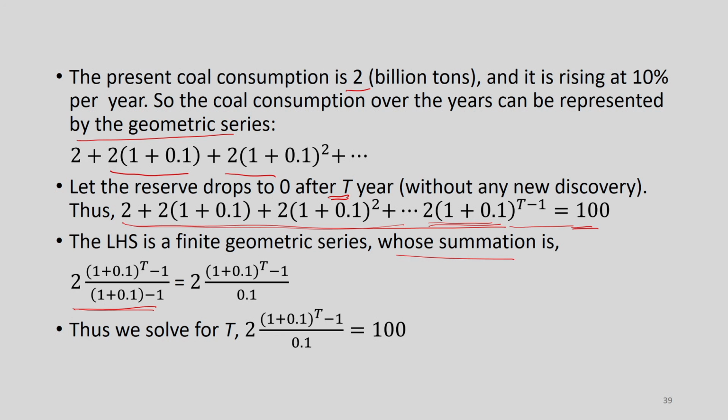So, this simplifies to this expression, and we have to actually solve for capital T in this equation. The left hand side is the total consumption, the right hand side is the total reserve.